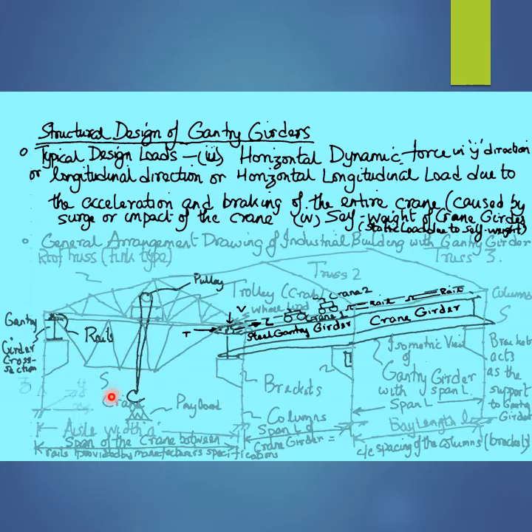And these 3 degrees of freedom that the suspended payload is provided with are the vertical movement due to lifting or lowering of the payload by means of a typical pulley mechanism.